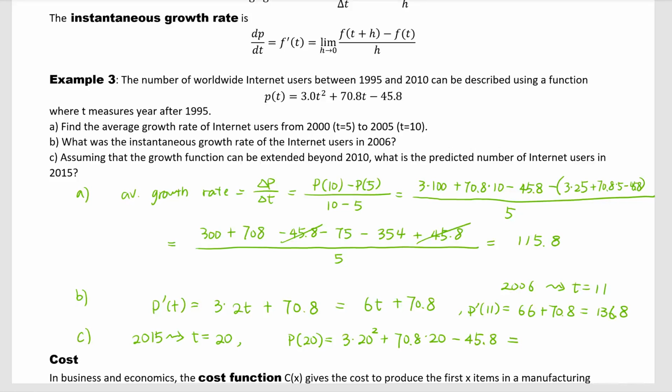So what do we get here? I put this in my calculator and I got 2570.2. Okay, so do you have the same answer, everybody? Yes? Alright, so this is our example 3 about growth rates.